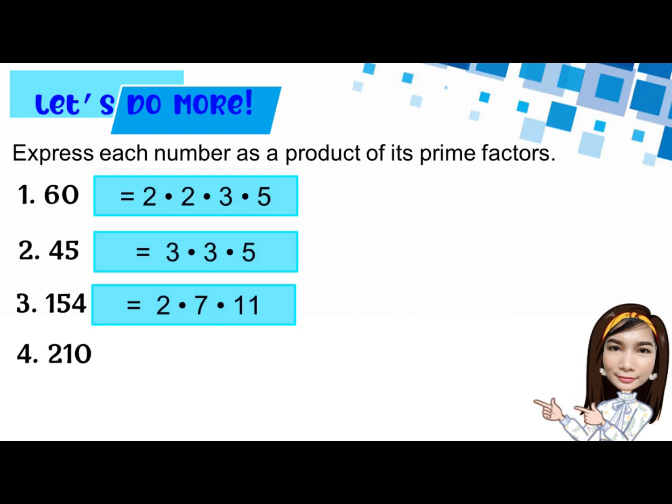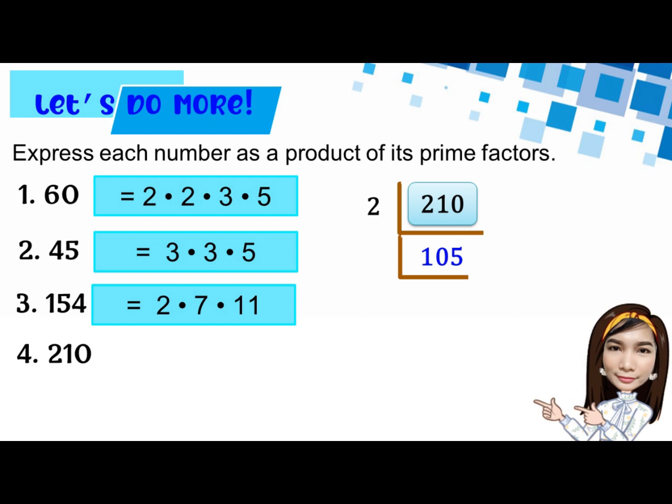Next, we have 210. Now here, let's use the ladder method. Let's start dividing 210 with the smallest prime number. So 210 can be divided by 2. We have 105. 105 cannot be divided by 2.